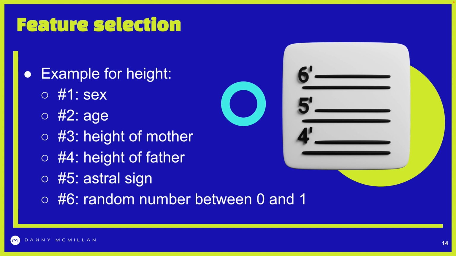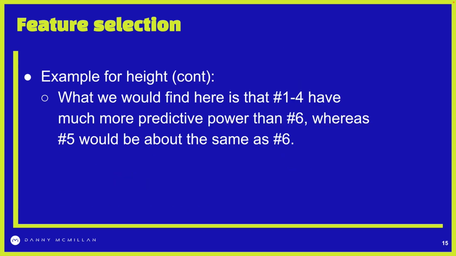If we wanted to use a training set as an example for someone's height, you could have number 1 is sex, number 2 is age, number 3 is height of mother, number 4 is height of father, 5 would be the astral sign, and 6 is a random number between 0 and 1. So for height, what we would find here is that 1 to 4 have much more predictive power than 6, whereas 5 would be about the same as 6.